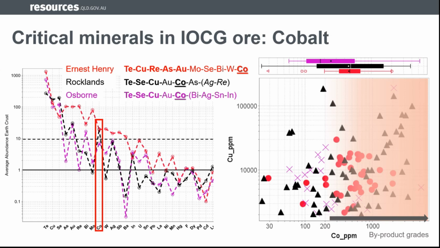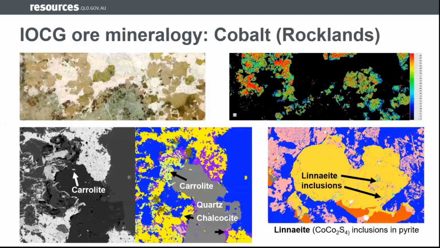But the key here is not just the geochemical availability, but the mode of occurrence. And that's a little bit of a glimpse into more advanced analytical techniques. We're going into microanalytical characterization with a specific purpose of identifying the deportment of cobalt, the mode of occurrence.